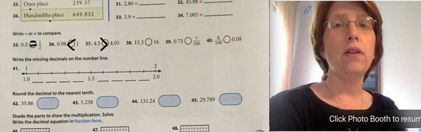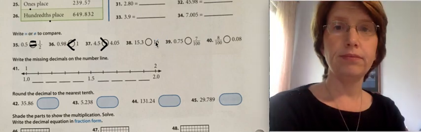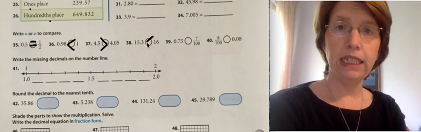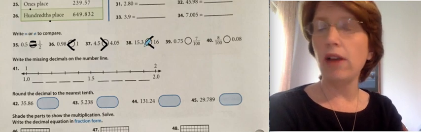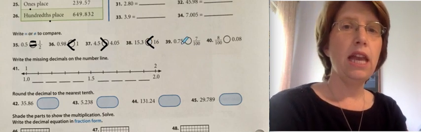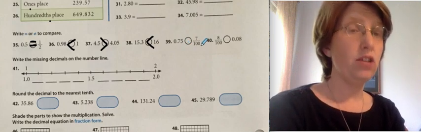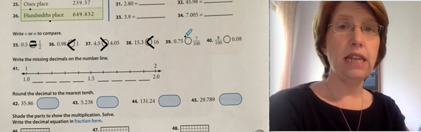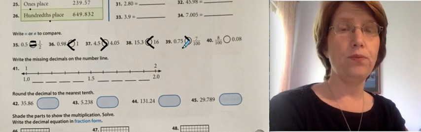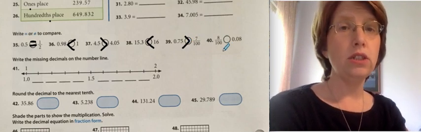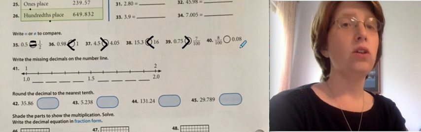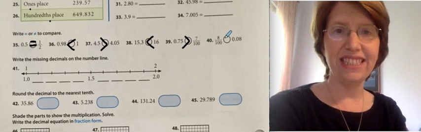15, 16. 16 is bigger. It doesn't matter if there's a decimal after that 15. 75 hundredths. That's 7 hundredths. 75 is bigger. 8 one-hundredths and 8 one-hundredths equal.